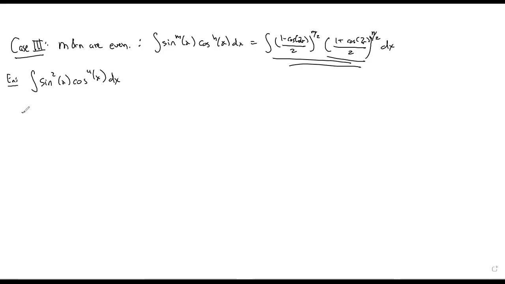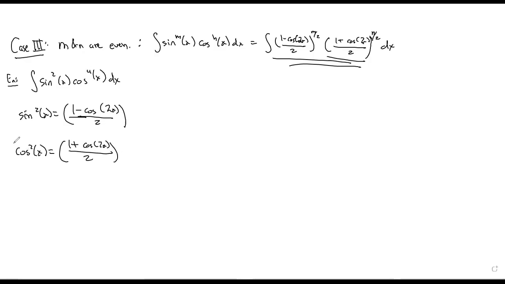So we're going to take sine squared x, and we're going to rewrite it as 1 minus cosine of 2x over 2. We're going to take cosine squared x, and we're going to rewrite it as 1 plus cosine 2x, all that over 2. And because this is squared, to get to the 4th power, that means this whole thing is going to be squared. So what we're going to do now is integrate, do some algebra.